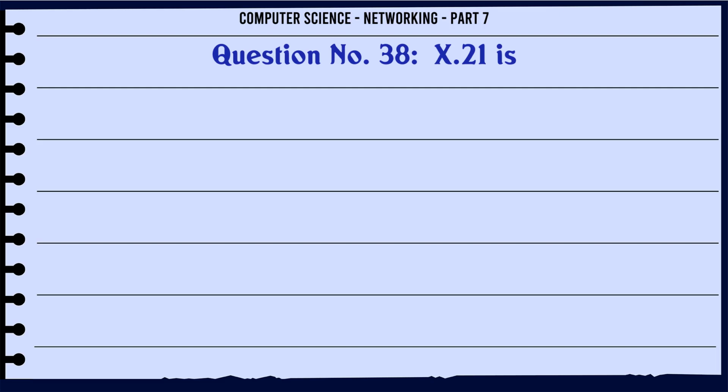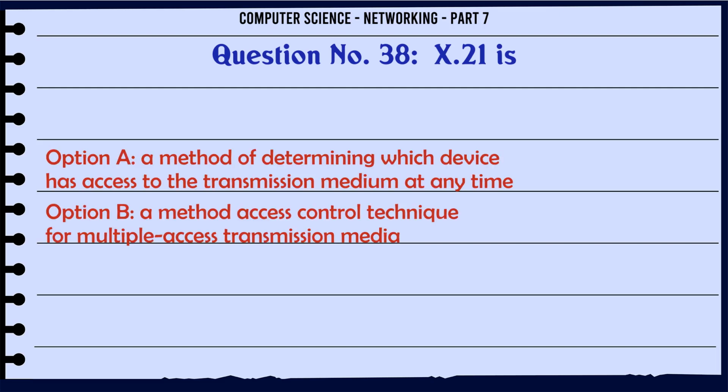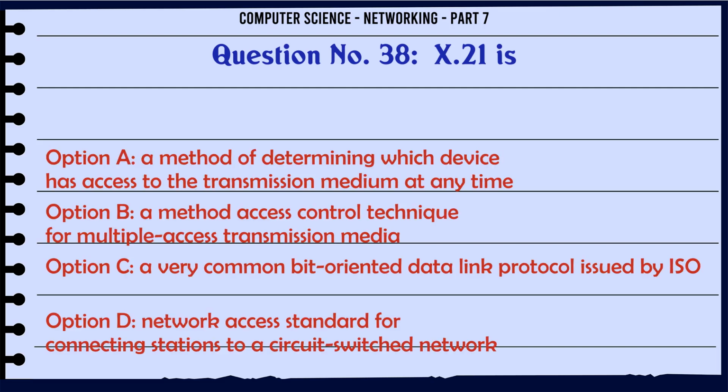X.21 is A. A method of determining which device has access to the transmission medium at any time. B. A method access control technique for multiple access transmission media. C. A very common bit-oriented data link protocol issued by ISO. D. Network access standard for connecting stations to a circuit-switched network.